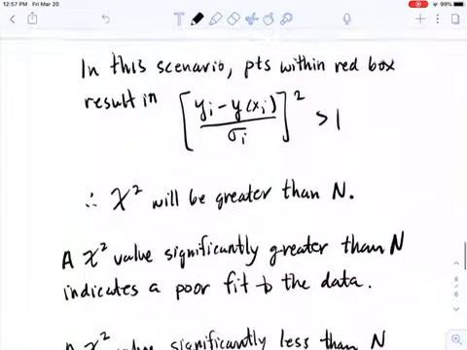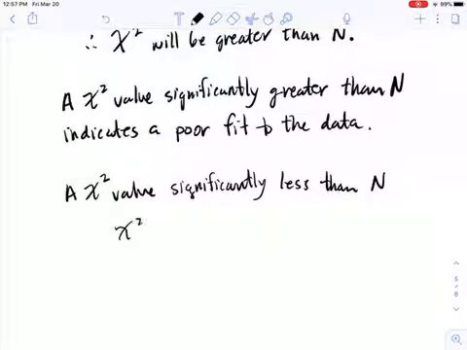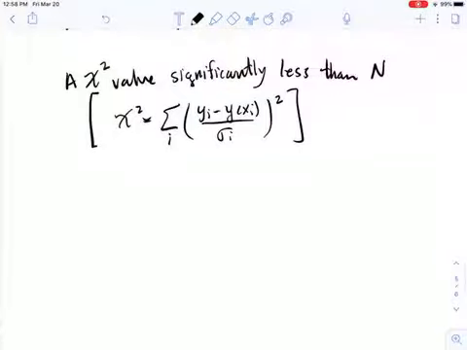So how could we get a value less than n? Here, let's write out chi-squared again. So this is the sum over i of (yi minus y of xi) over sigma i. And we want that to be less than n so that our individual measurements at i have a deviation that is smaller than sigma. So how that could happen is that someone has made an overestimate of sigma i, and we see this in the lab all the time.